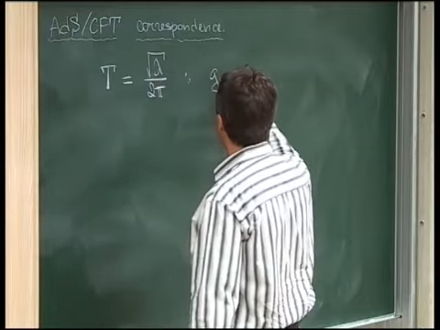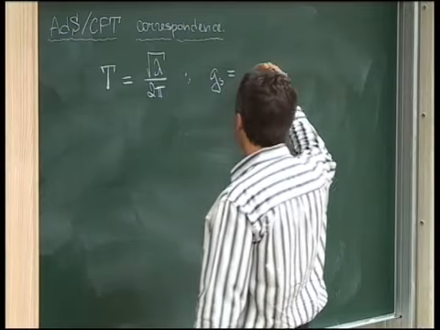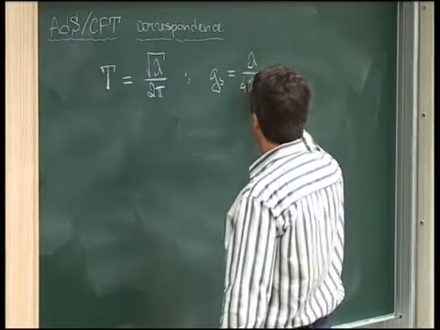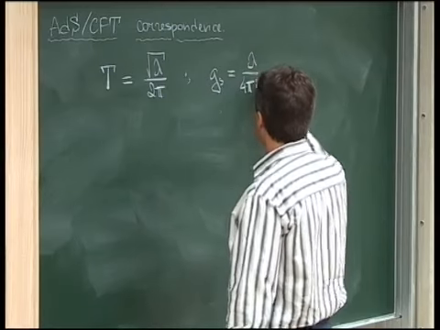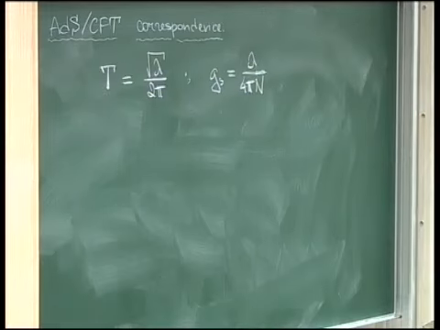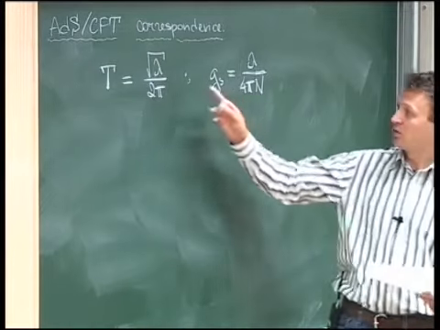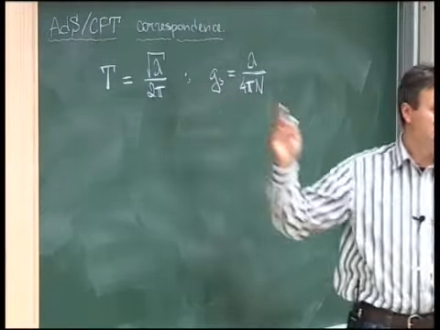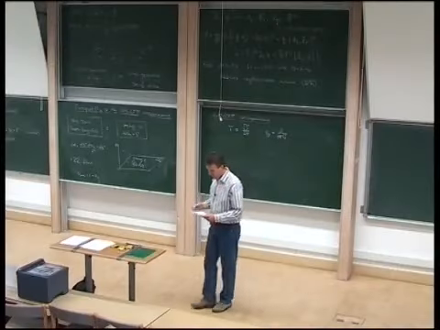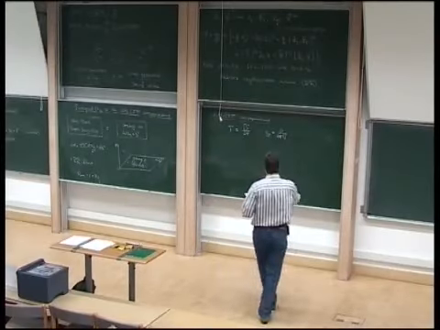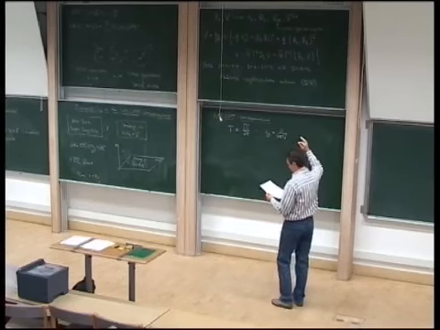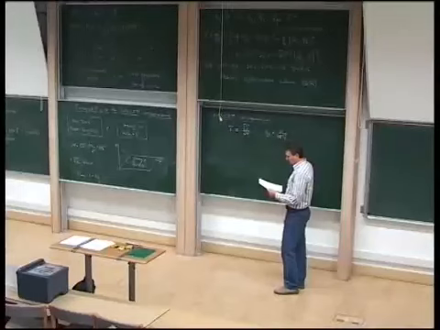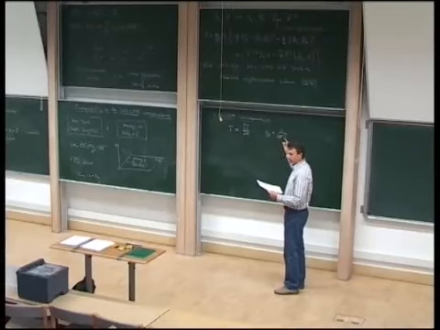And the string coupling is lambda divided by 4 pi N. So I guess Mukund will explain to you how to get this precise identification of couplings. But let me just consider it as given and see what kind of limits we can take.